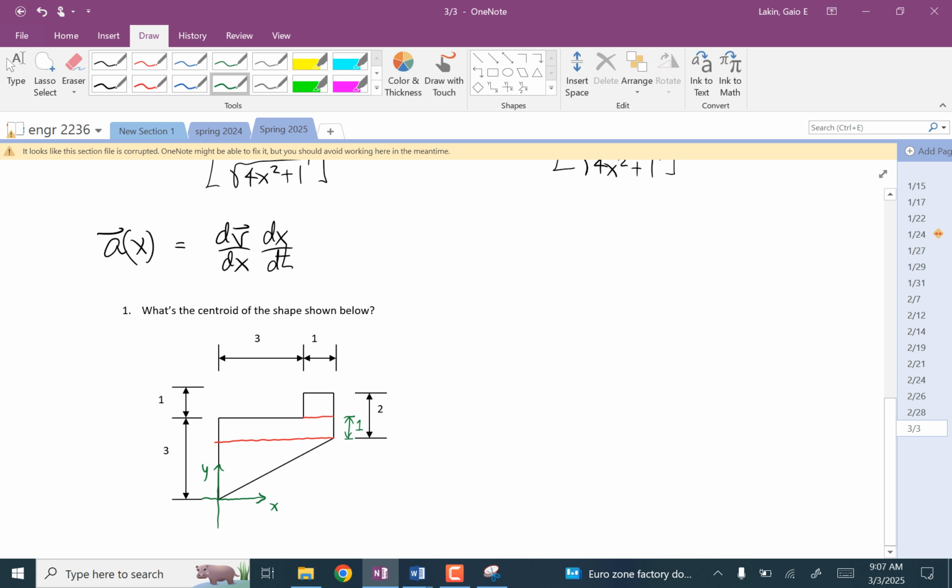So that makes the height of this triangle 2. And so for the centroid, let me number these. Let's call this body 1, 2, 3. X1, Y1 bar.